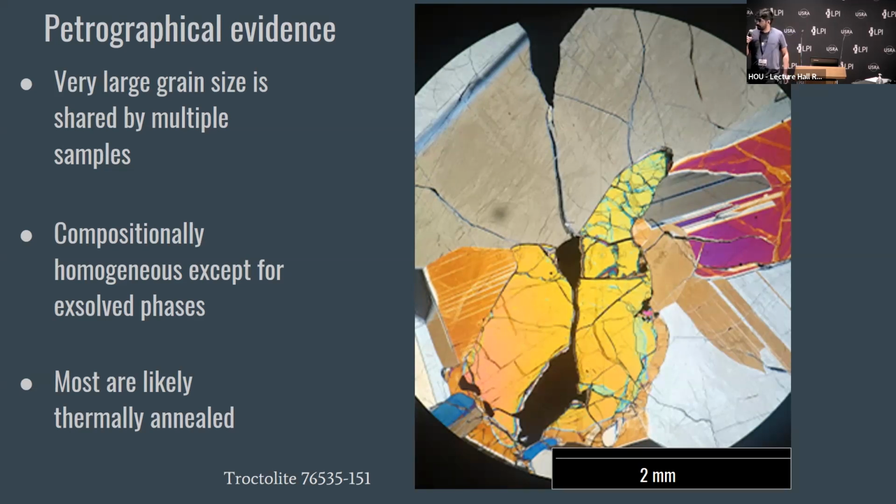An additional thing that we get here is that most of the phases are compositionally homogeneous. We don't get any kind of zoning mostly in either of these minerals. And they seem to be likely thermally annealed, at least most of them.